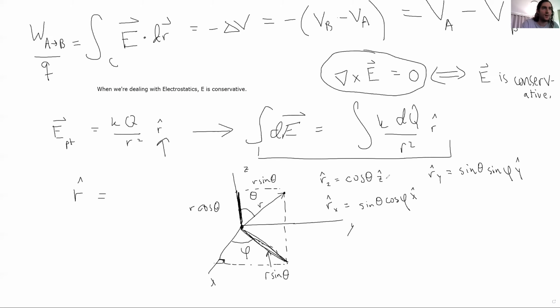That's your rx, rz, and ry components. So r hat over here is sine theta cosine phi, comma sine theta sine phi, comma cosine theta. So that's how you would express that vector in Cartesian coordinates.